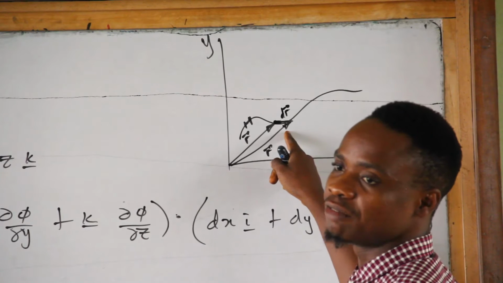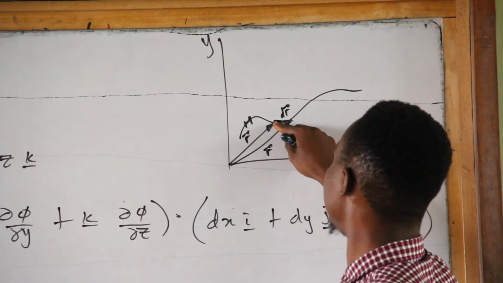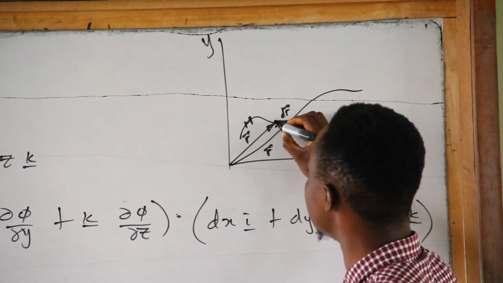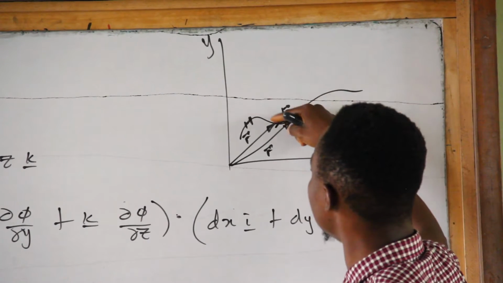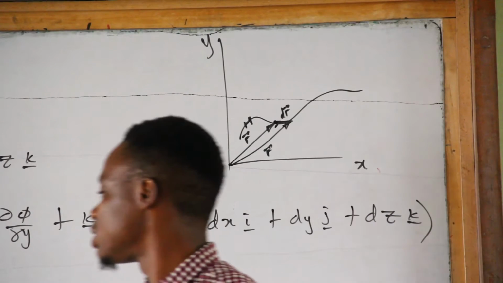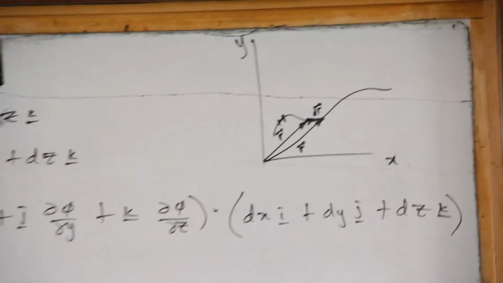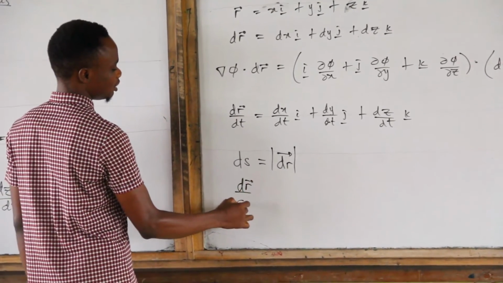So we have this thing to be very, very small. Please pay attention. If you have this arc length to be very, very small, that is, if I'm picking two positions that are very close to each other, then the arc length is going to be approximately equal to the modulus of the change in r. So we usually use the change in r as the denominator. So if I use this change in r instead, I'm going to have dr/ds.